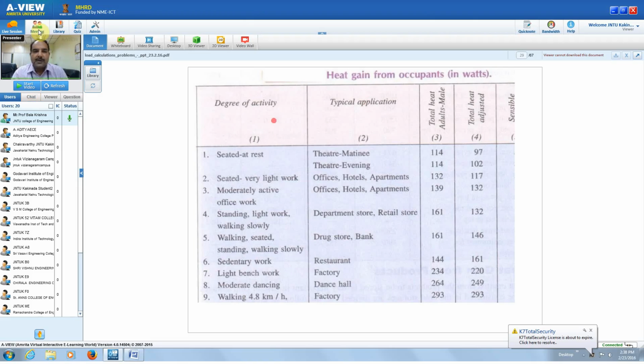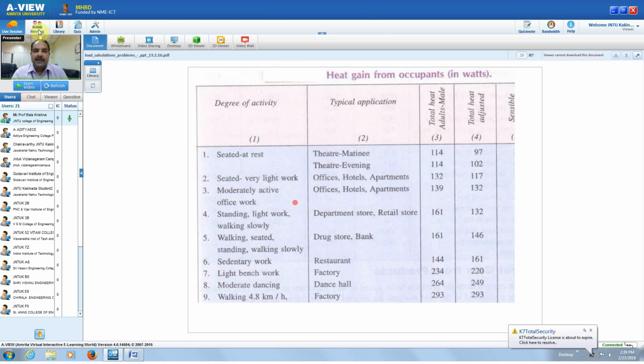It shows the degree of activity, typical application, total heat for adult males, total heat adjusted, and then the sensible heat. This is seated at rest. Suppose you are simply sitting in a theatre, then the total is 114 and the total adjusted is 97.